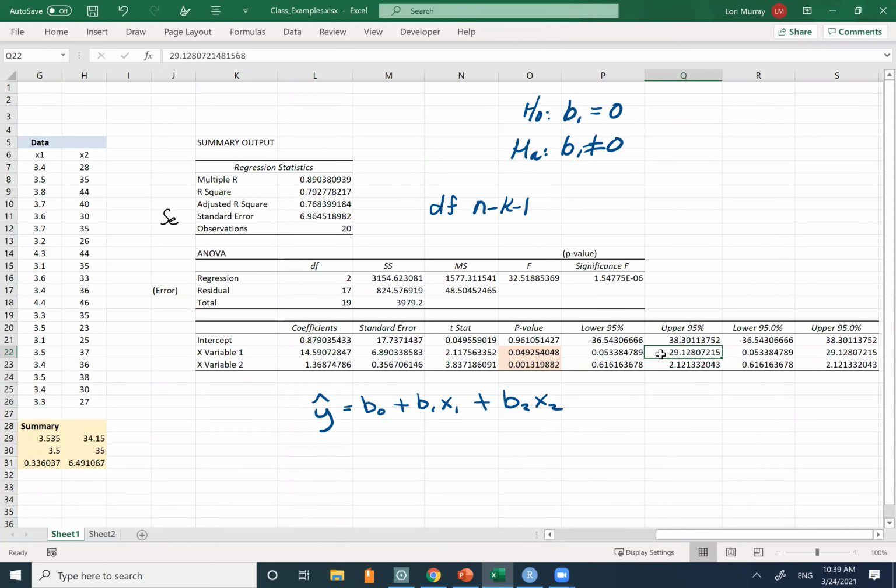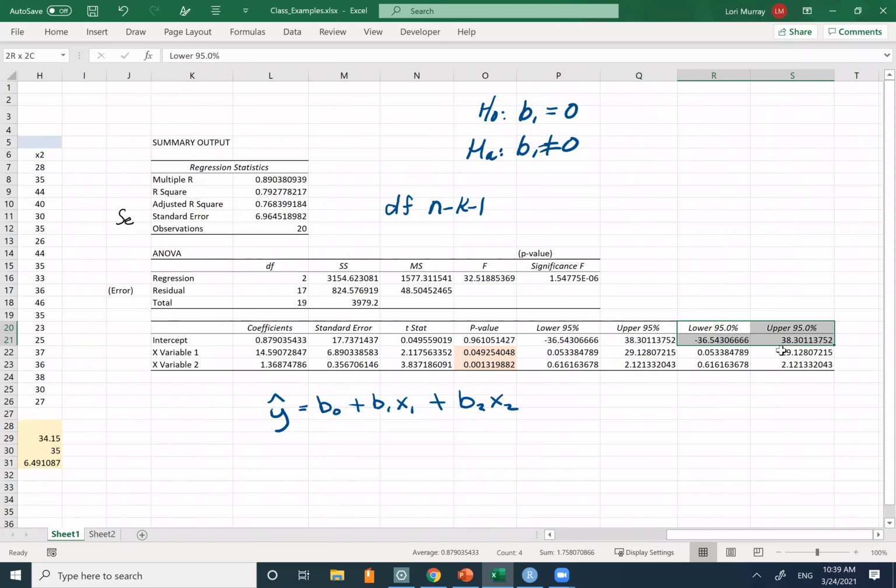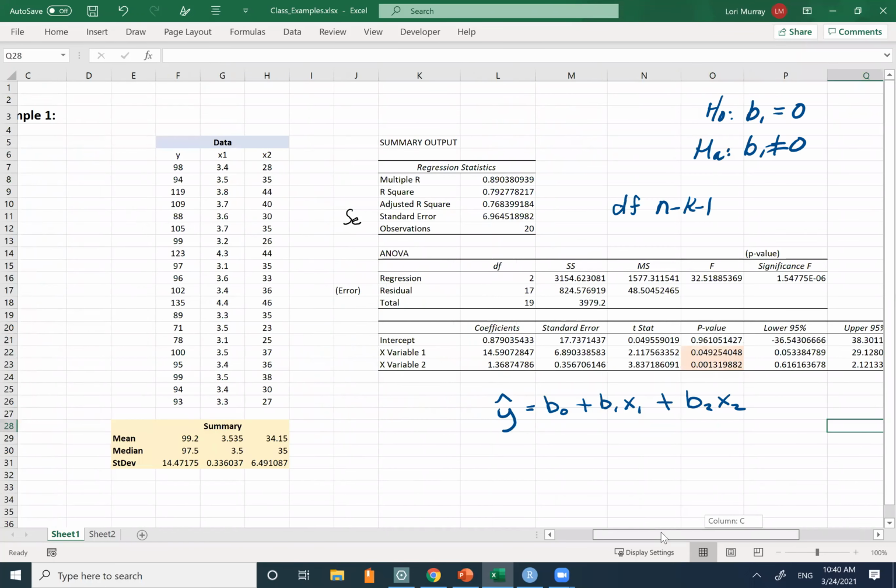So that's pretty wide. I don't worry too much about those. It's good to report. I could have entered in the dialog box a 90% confidence interval. That's why these are really redundant. It's the same confidence intervals. They could almost be deleted because they're just extra.